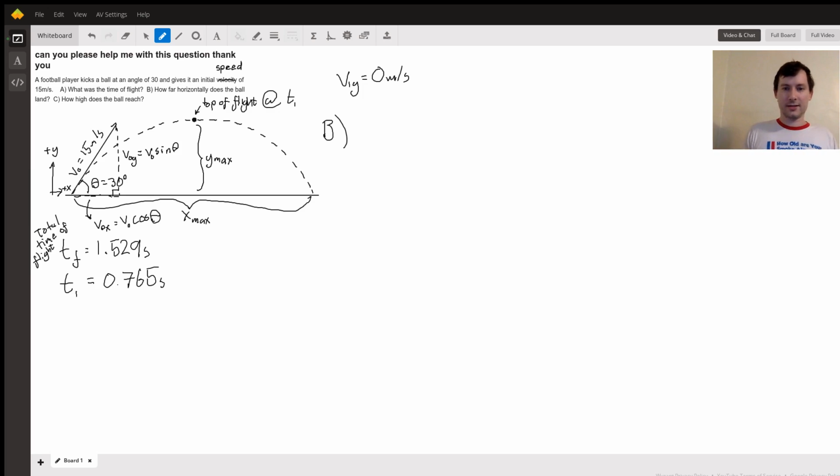We can say that V naught x is equal to V naught cosine theta. V naught is 15 meters per second.